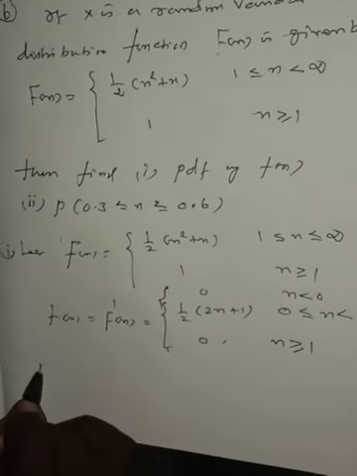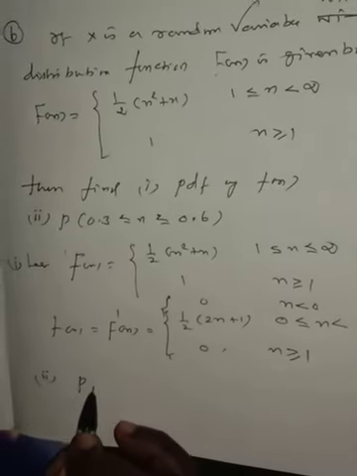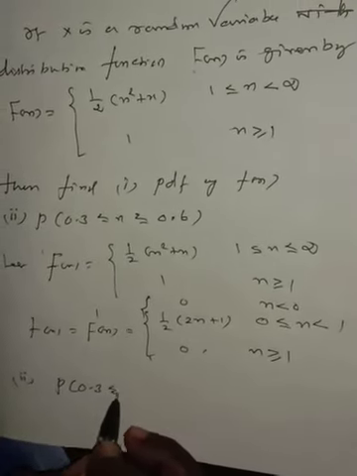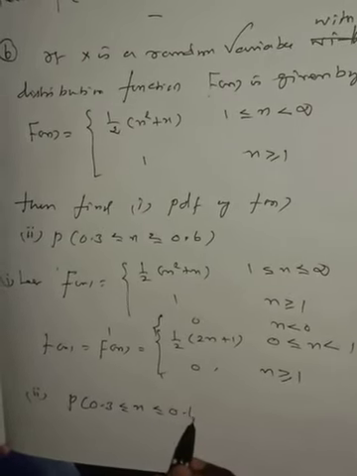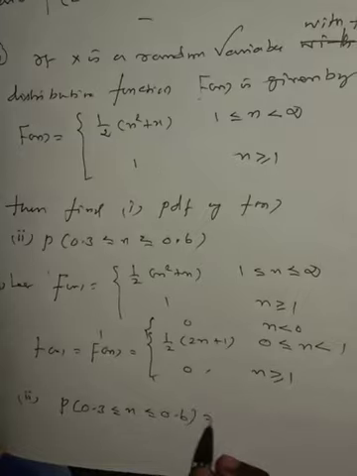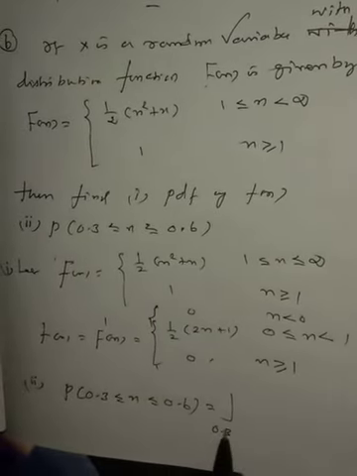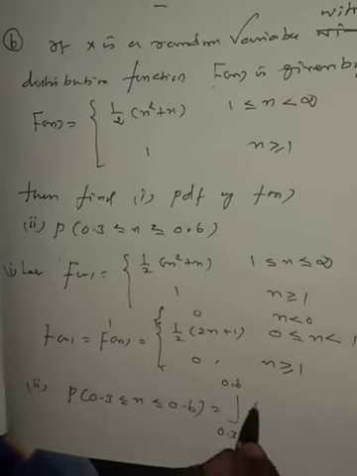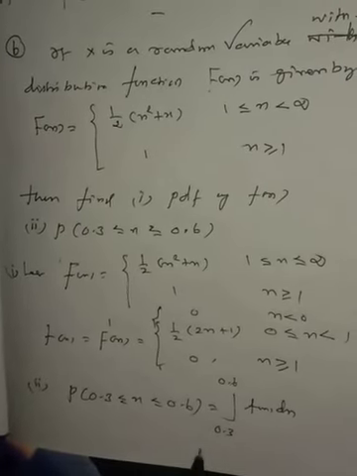Next number 2, probability of 0.3 less than or equal to x less than or equal to 0.6 is equal to the integral, lower limit 0.3 upper limit 0.6, of f of x dx.